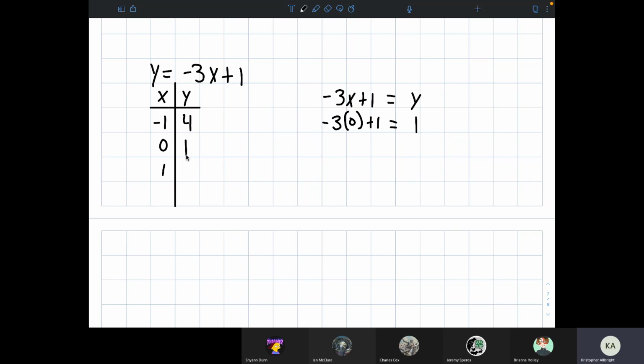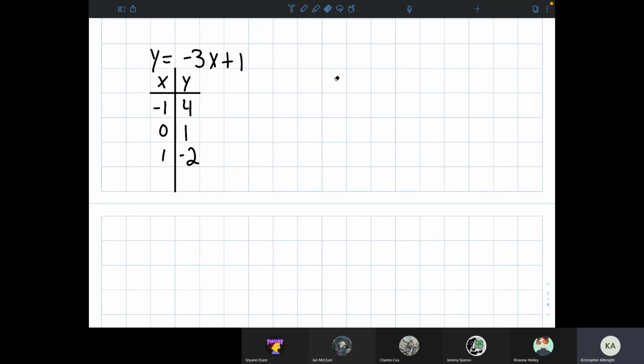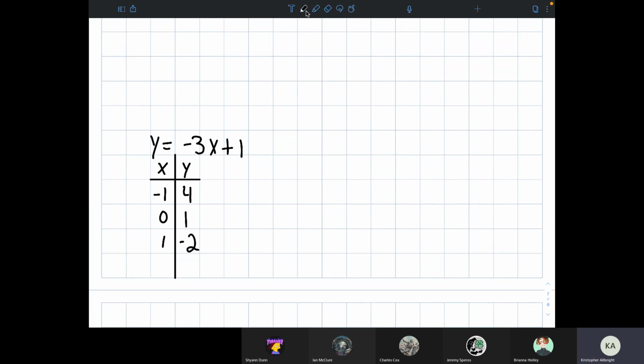So I'm going to put that right there. And then now I'm going to plug 1 in. So negative 3 times 1 is negative 3, plus 1 is going to give me negative 2. So now we have 3 pieces of information, and you can use this information in the table to draw this graph. So when we draw the graph, we just plot each of these points, and then we have our line.